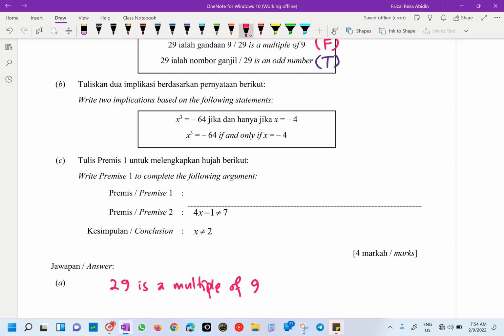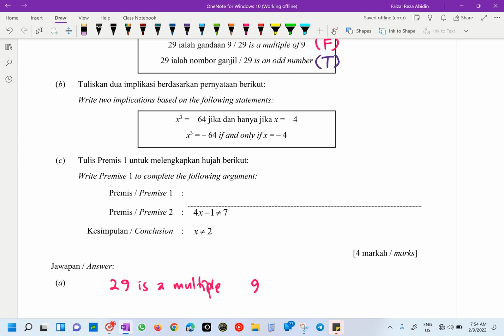Even though the answer is right, 29 is a multiple of 9, if you write it without the words, tak ada, bye-bye, because you just copy je.